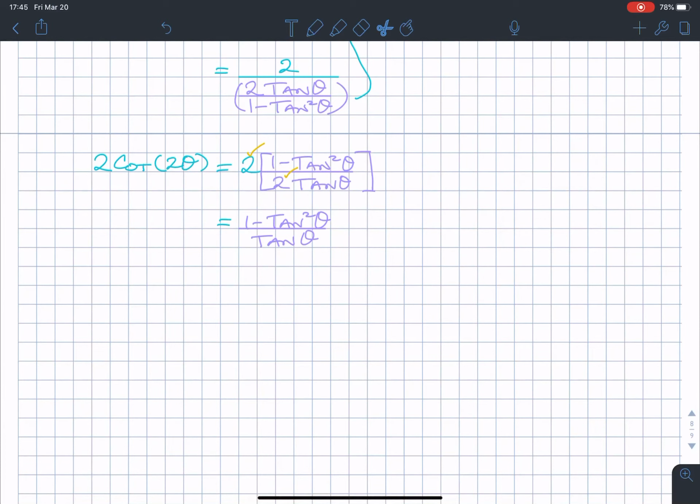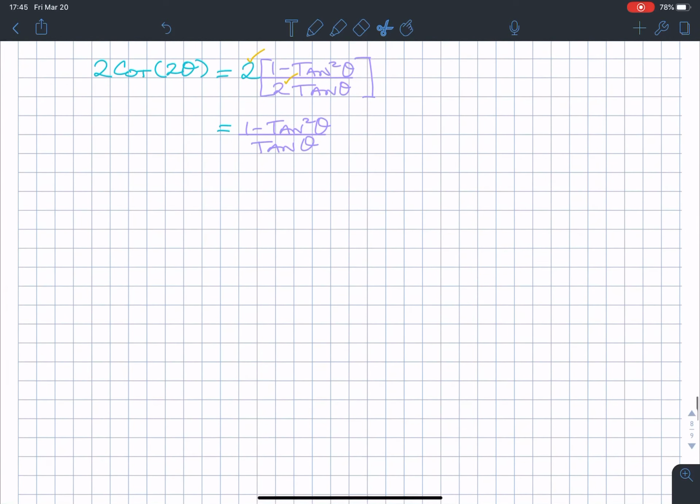Okay, so tangent theta, the denominator, is common to both terms. So I can write this as 1 over tangent of theta minus tangent squared theta over tangent of theta.